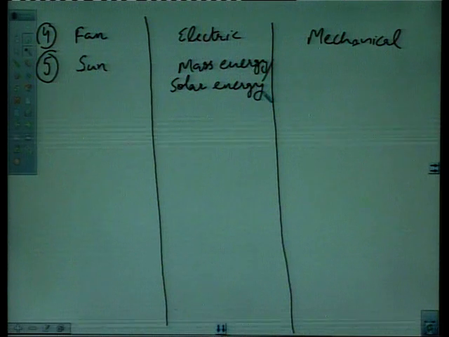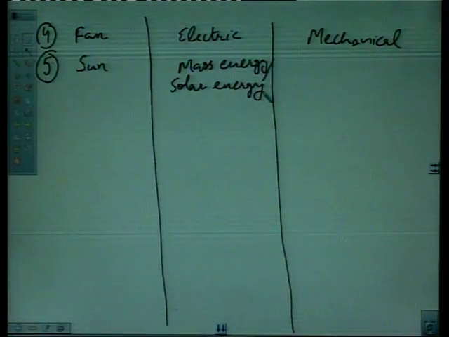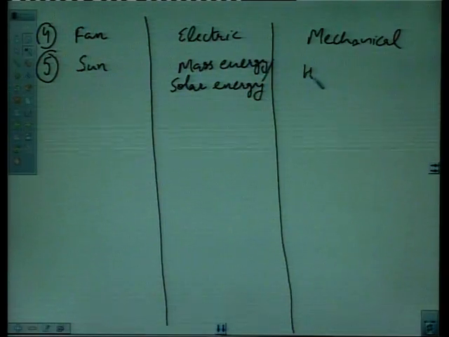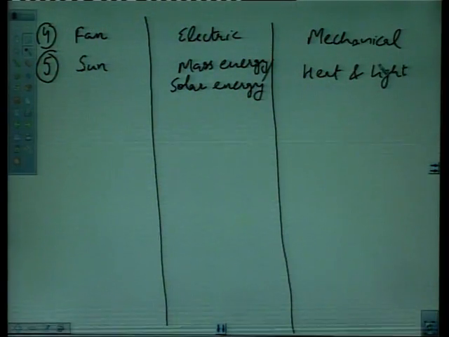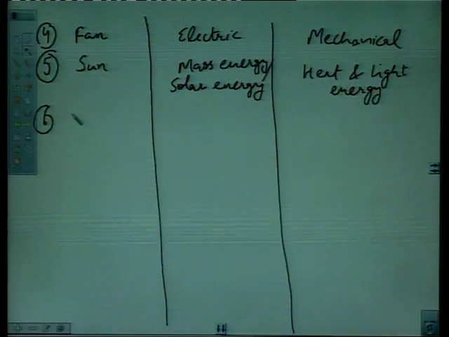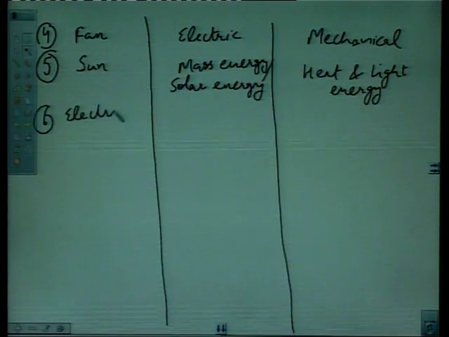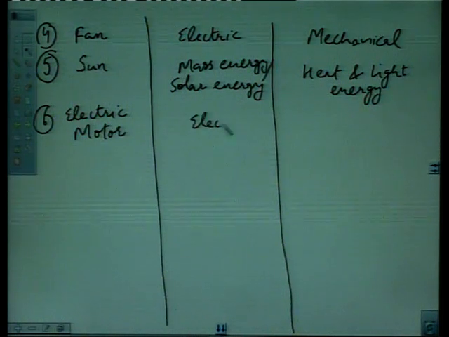In the sun, the nucleus is getting disintegrated to produce radiant heat and light energy. And then electric motor. In a motor we have electrical energy converted into mechanical energy.